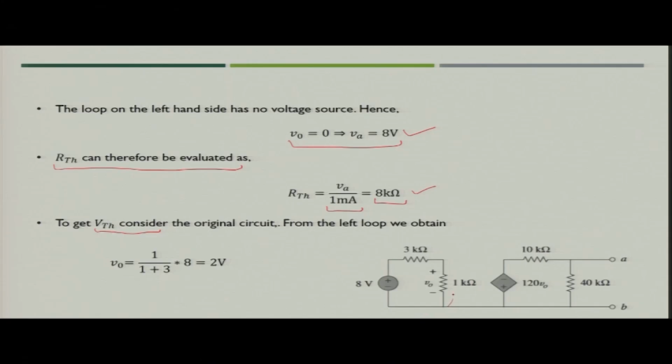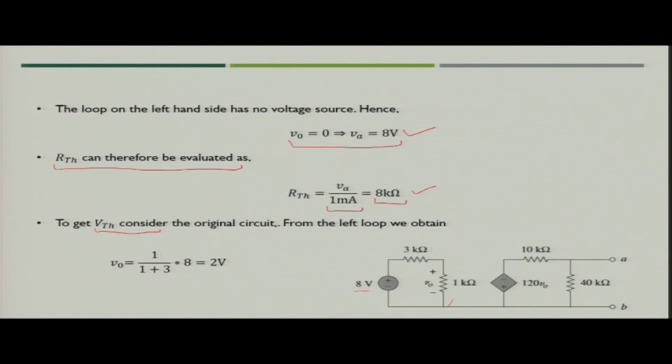From this segment, the 8 volt is supplying current to both of the resistances, that is 3 kilo ohm and 1 kilo ohm. So, this is nothing but a voltage divider circuit.